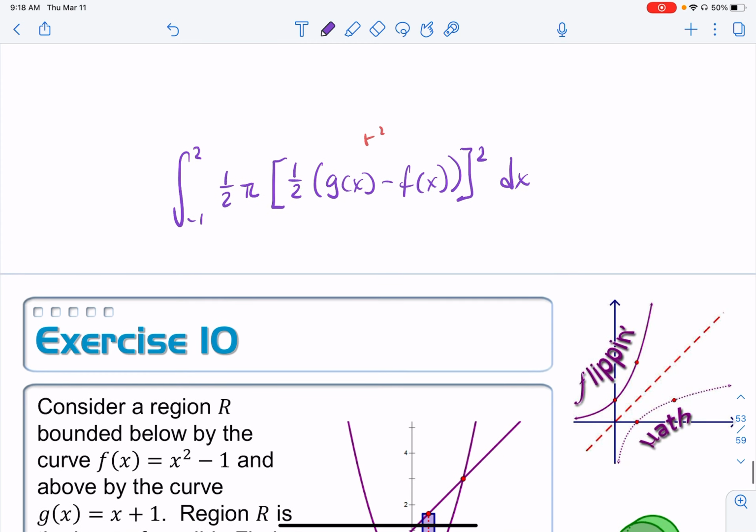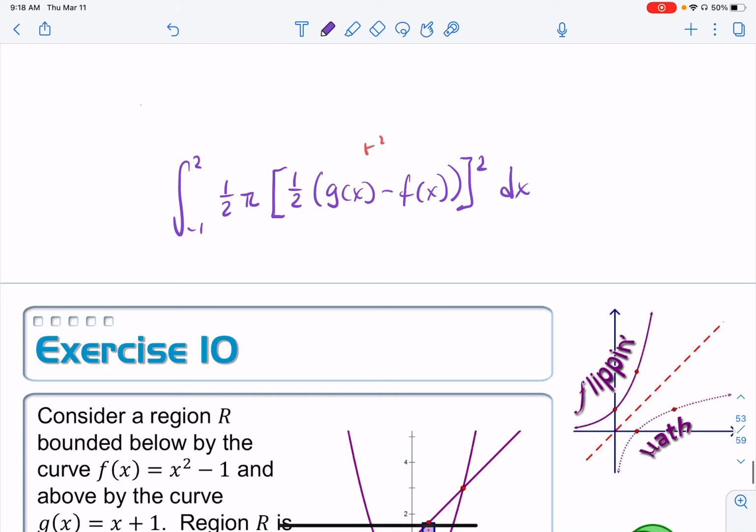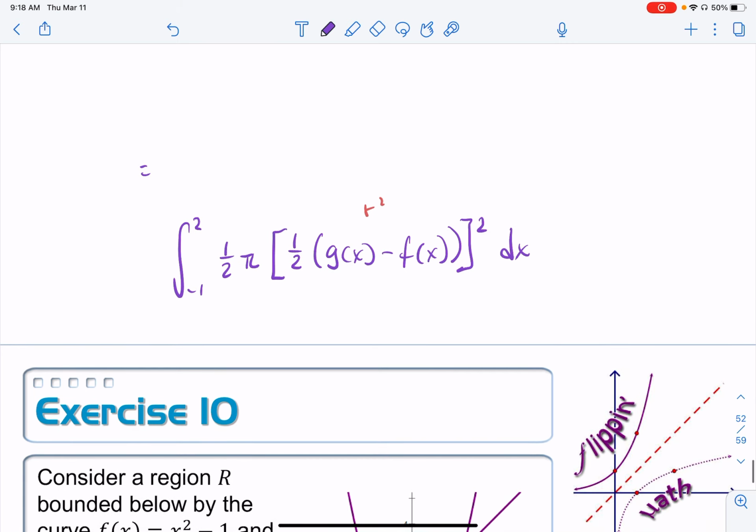Let me rewrite this just a little bit so you can see how it compares to the previous one that we did. I'm going to take this 1/2 pi and bring it to the outside as a pi over 2. And then I can square the stuff that's inside of here. So I'm going to square the 1/2, which makes it a 1/4.